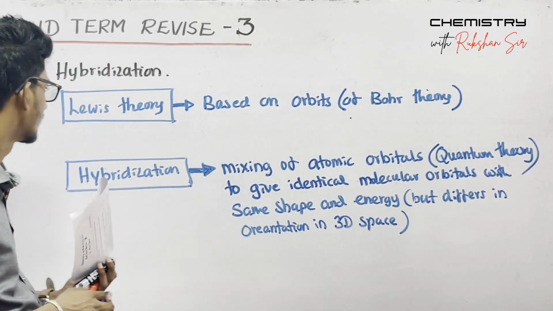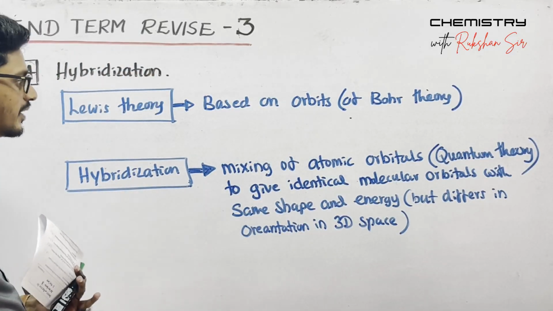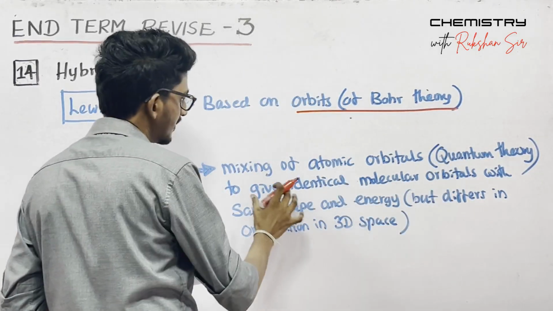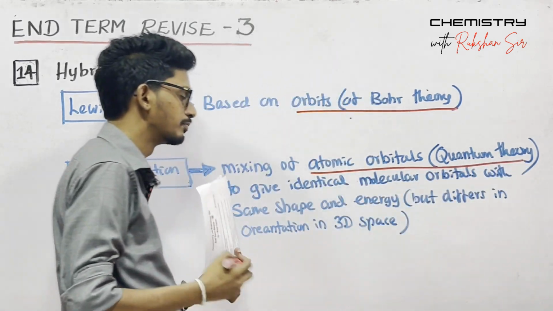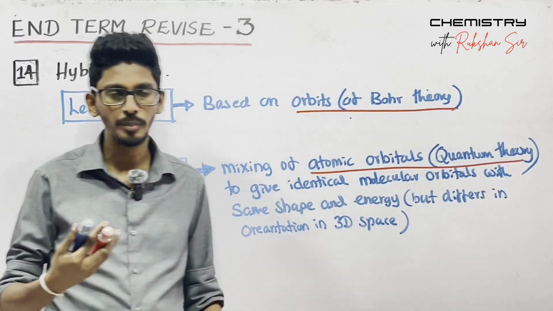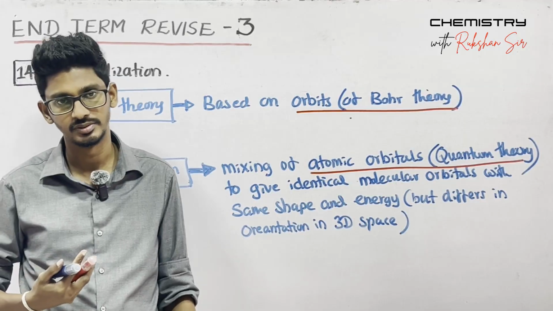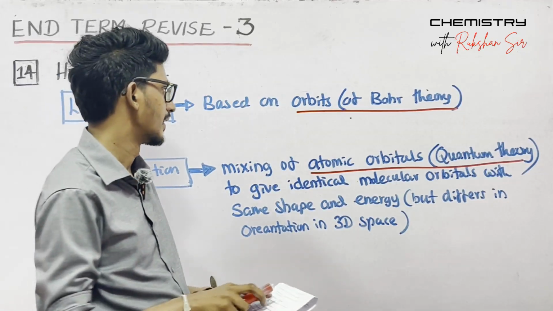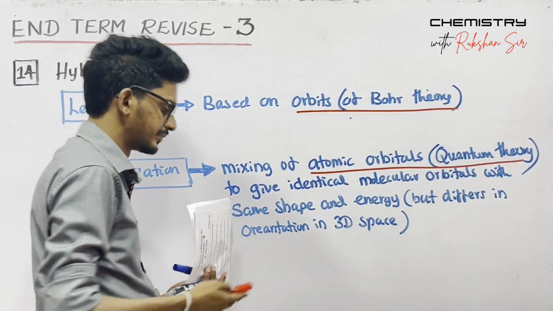So you clearly see Lewis theory is based on the orbits of Bohr theory, and hybridization is based on atomic orbitals. sp hybridization, sp2 hybridization, sp3 hybridization, sp3d hybridization, with s orbitals, p orbitals, d orbitals. Orbitals are involved there, here just the orbits.